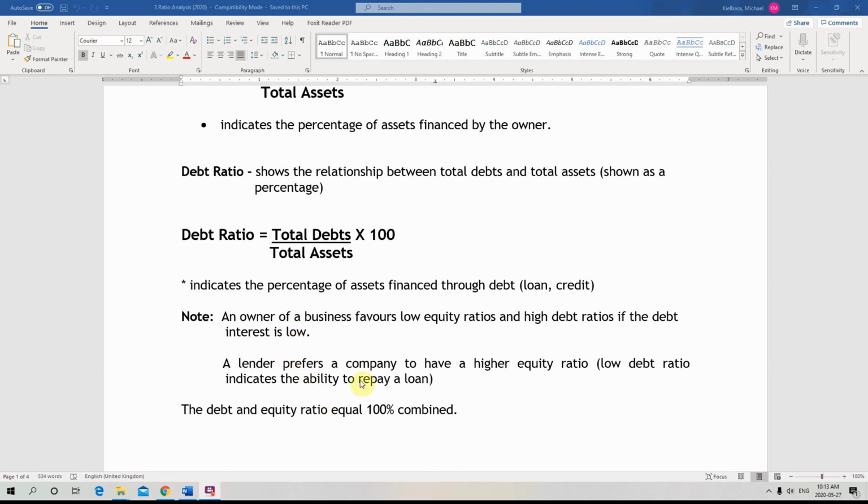Now, a lender prefers a company to have a higher equity ratio, and the reason is lenders want to know that the person applying for the loan has skin in the game, meaning they have something to lose, because they'll be more likely to work harder to make sure that the business does well, because a lot of the company has been financed using their own money.